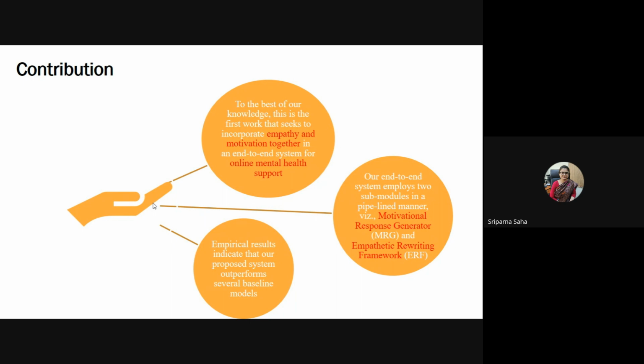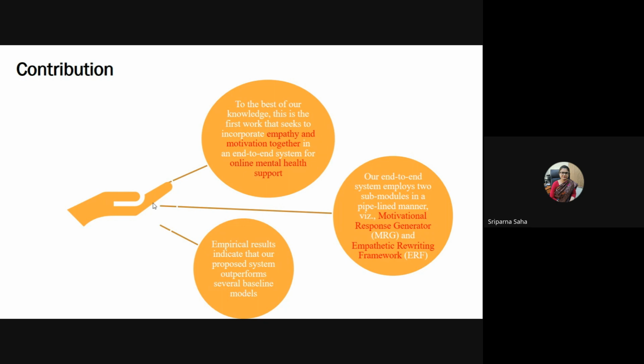Our end-to-end system employs two submodules in a pipeline manner: a motivational response generator and an empathetic rewriting framework. One submodule is the motivational response generator, which is very similar to the previous one.